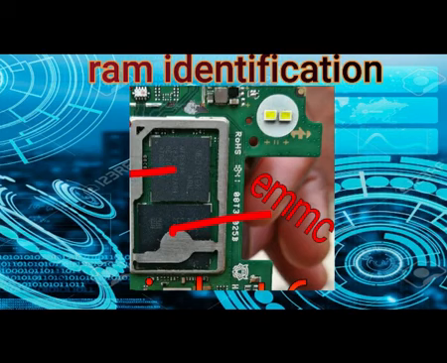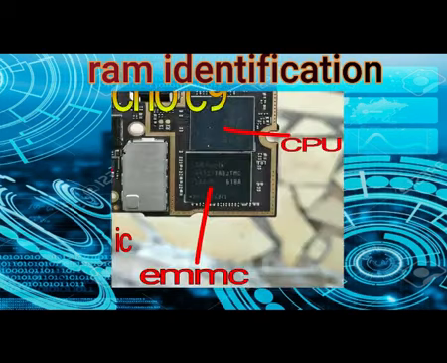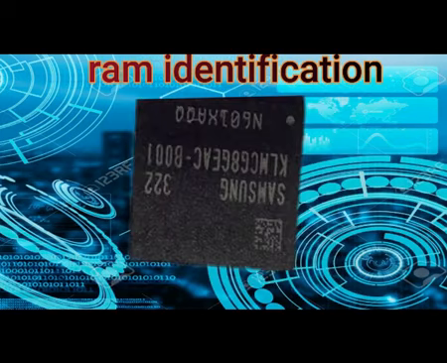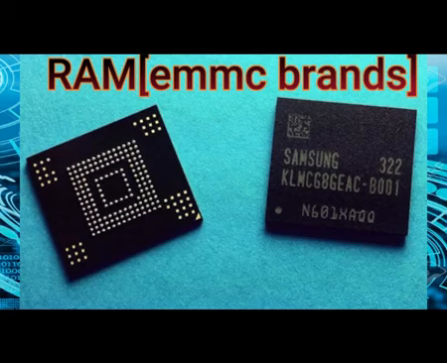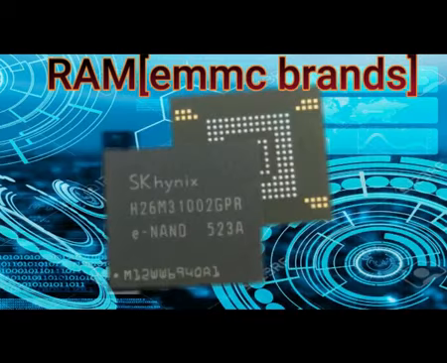RAM is bigger in size, close to the CPU size. In some mobiles it is the same size as the CPU. You will find eMMC, RAM, next to the CPU. Most eMMCs are marked with a barcode. For example, eMMC brands: Samsung eMMC, SK Hynix eMMC, and many more.